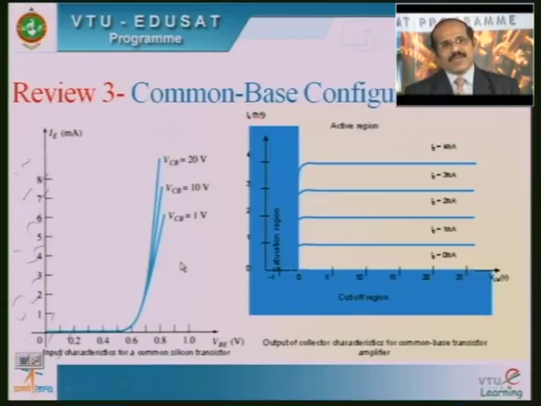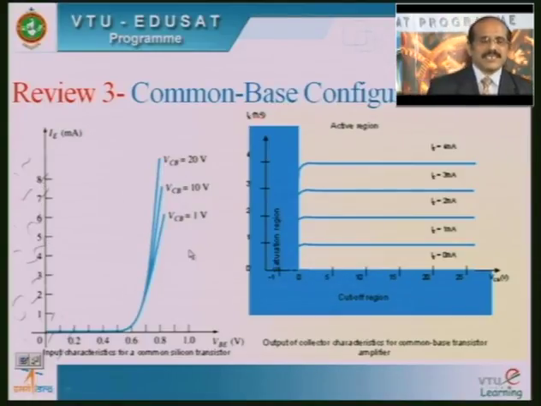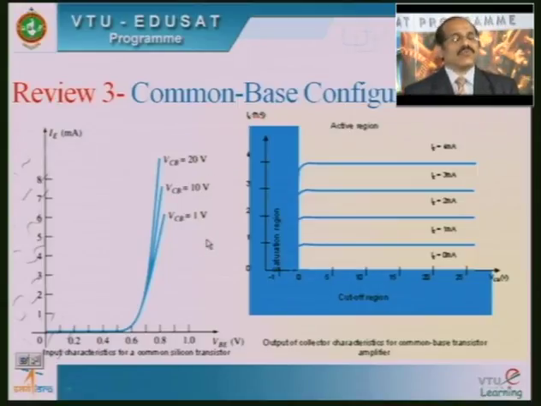The third conclusion you can derive from this is that for a fixed value of VBE, as VCB increases, correspondingly IE will increase. In the last class I told you, for 0.8 volts of VBE, whenever VCB is increased from 1 volt to 20 volts, you can see that IE also increases. The reason is that VCB is the reverse bias voltage applied across the collector to base junction.